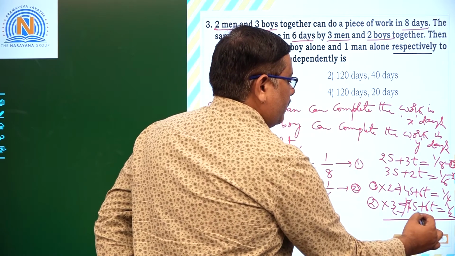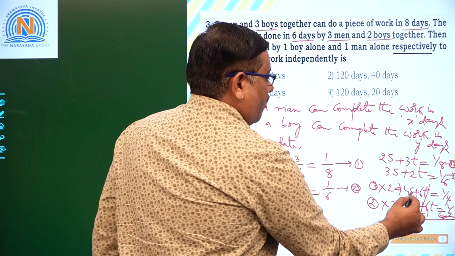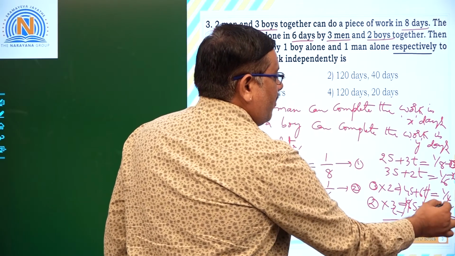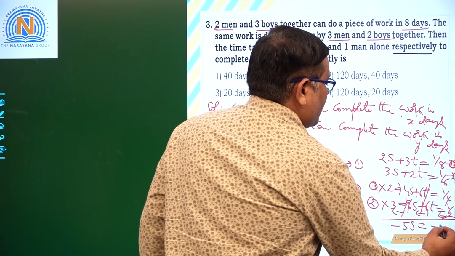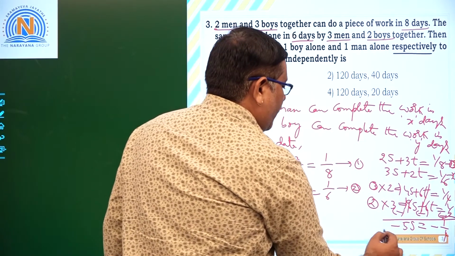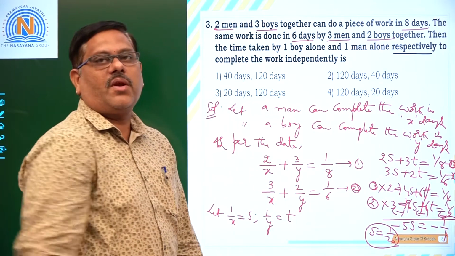Subtract them. Here these two will cancel. So 4S minus 9S is minus 5S. Minus 5S is 1 by 4 minus 1 by 2. 1 by 4 minus 1 by 2 is how much here? Minus 1 by 4. So S will be how much here? S is 1 upon 20.